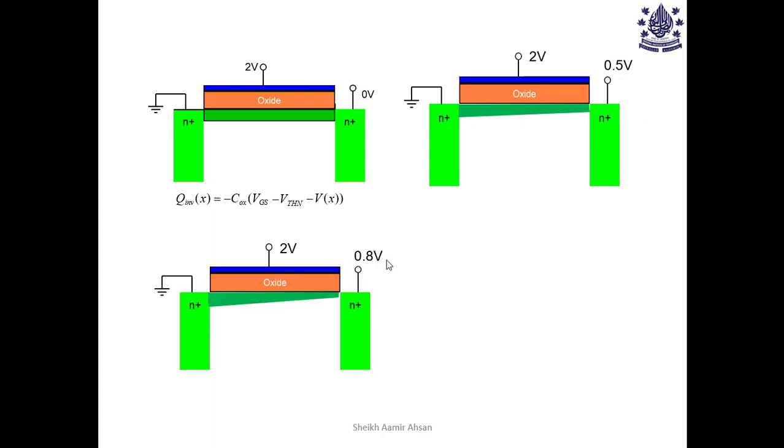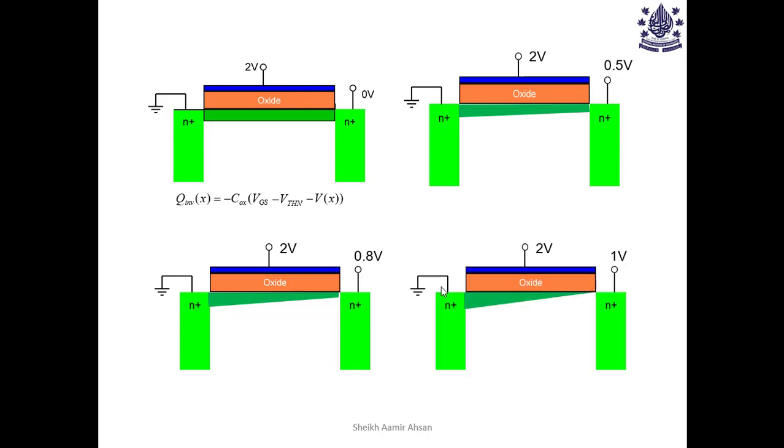Okay, let's continue. If we apply 0.8 volts, now we are increasing the value of applied drain voltage here. So we will see a more reduction in the inversion charge at the drain end. Yeah, and so much so that we reach a point that we'll have no more inversion charge.